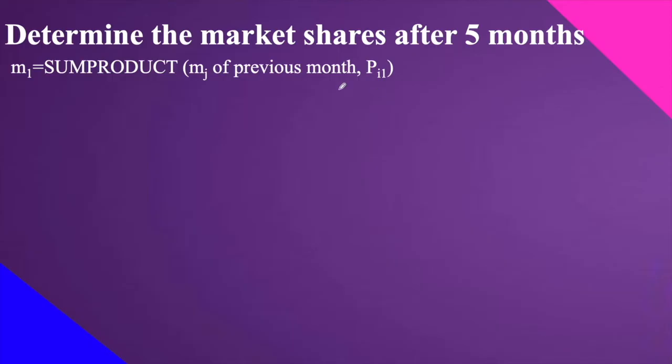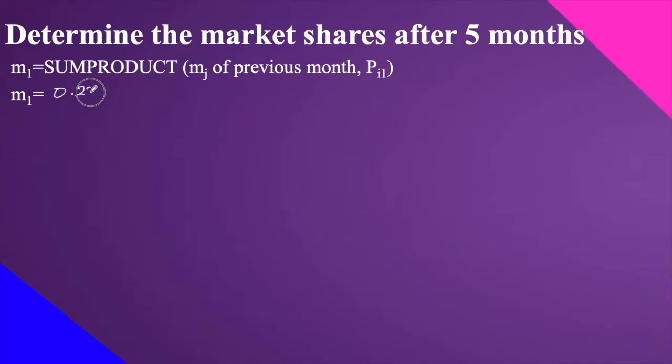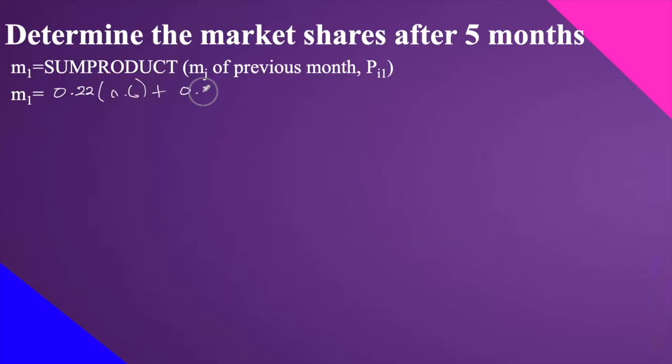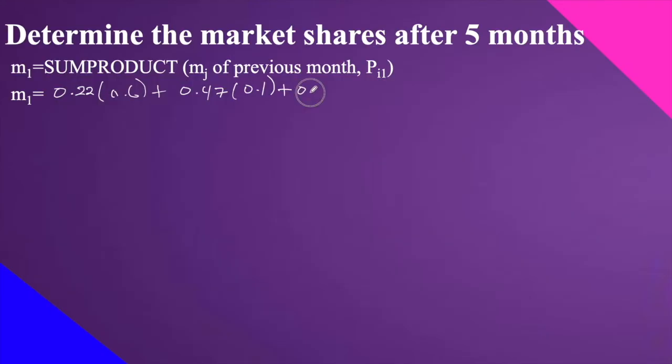So, M sub 1 is equivalent to some product of M sub J of previous month and the P sub I1. And, balikan natin yung table. Ito po yan. 0.22 times 0.6 plus 0.47 times 0.1 plus 0.31 times 0.1.